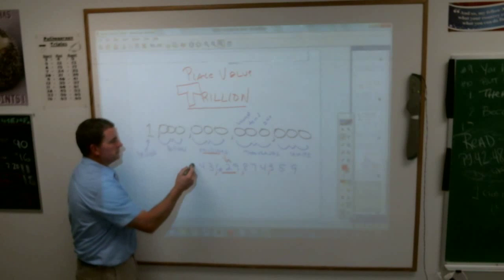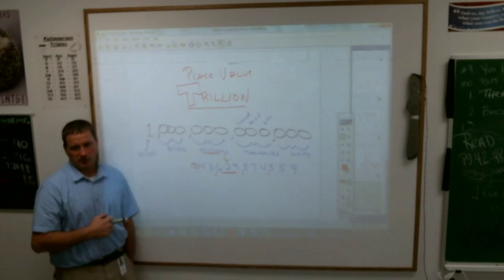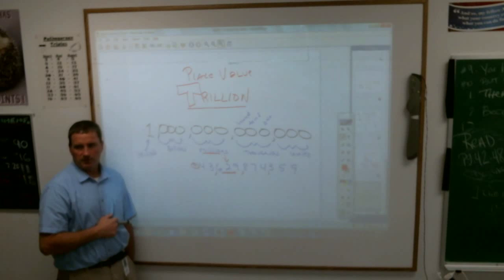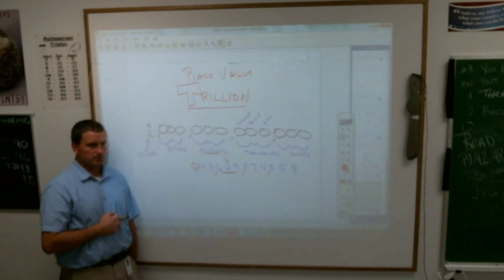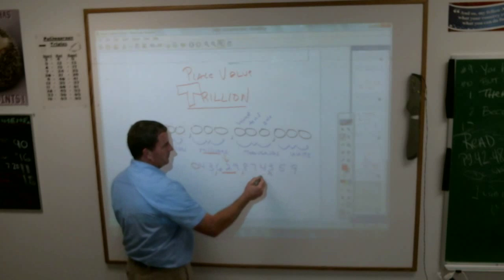Yeah, I suppose that would be true, because I don't have one. What's in the 1 billions place, Brianna? The 3. What's in the 10,000s place? Emily? The 7. And that's why we put commas in there.